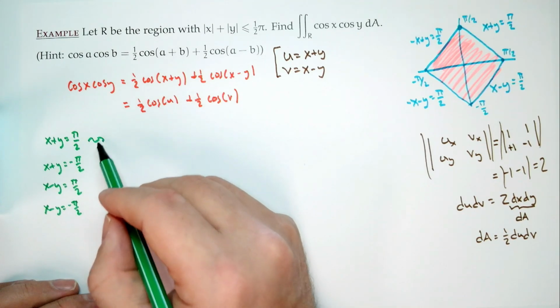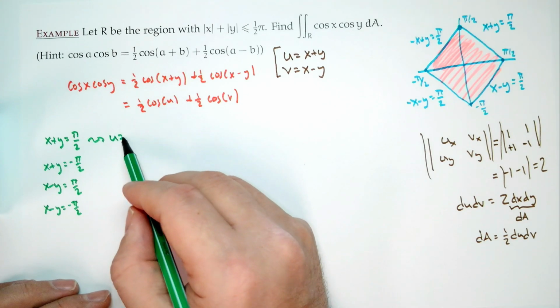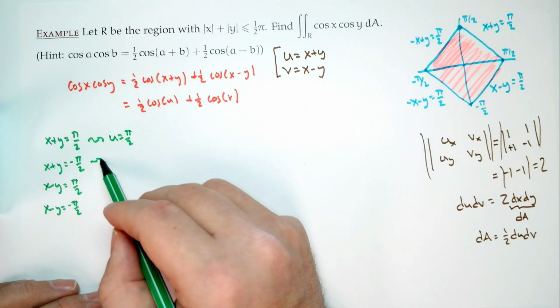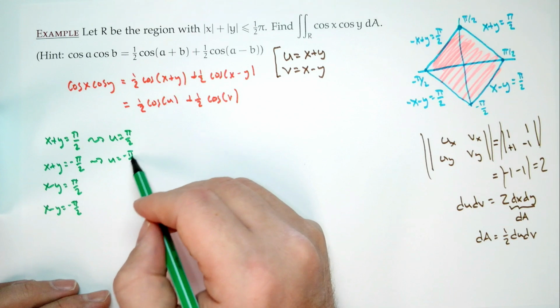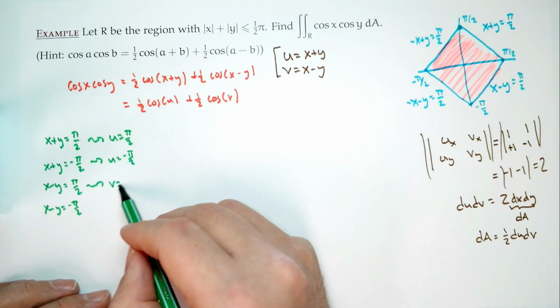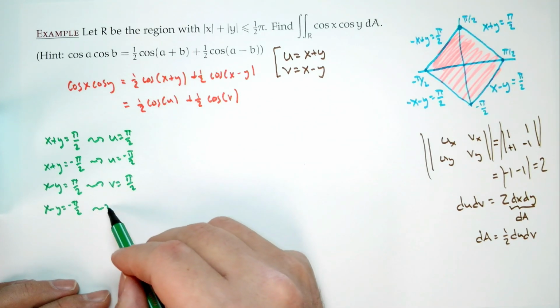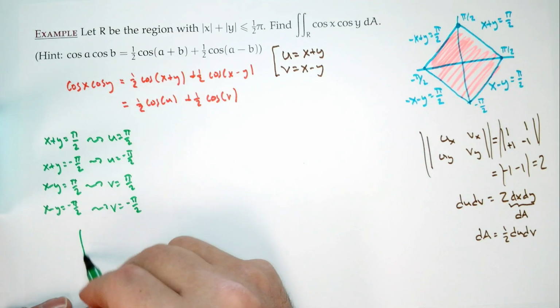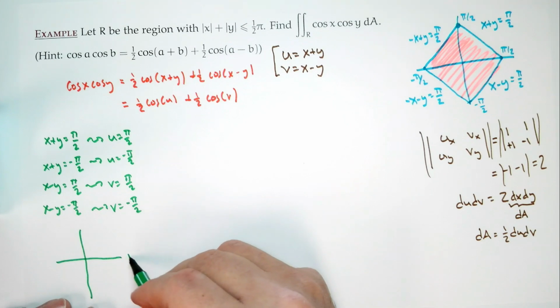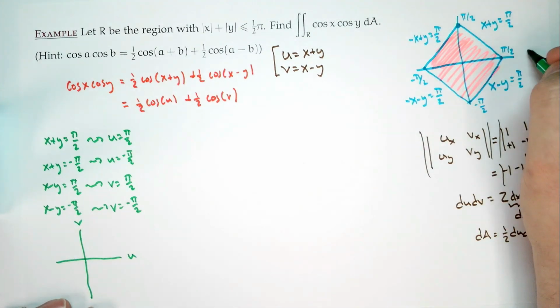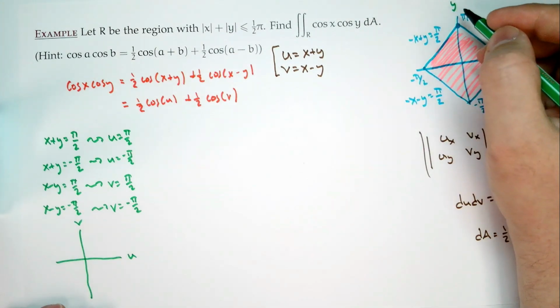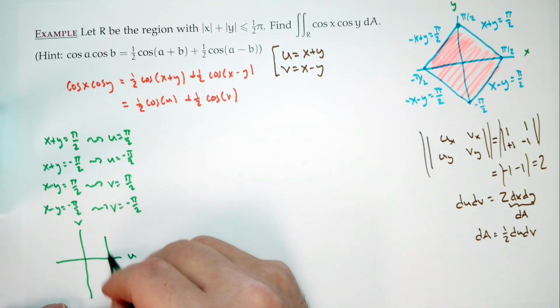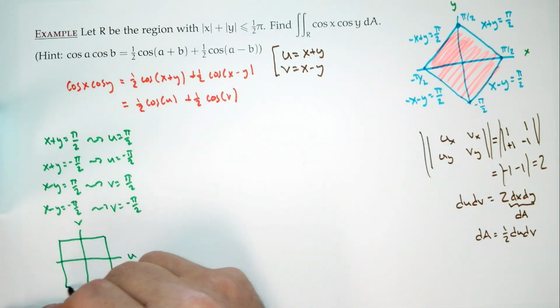And these become nice to translate: u equals pi halves, u equals negative pi halves, v equals pi halves, v equals negative pi halves. Which tells us that in terms of our uv plane, remember this over here is our xy plane, we're now a rectangle.